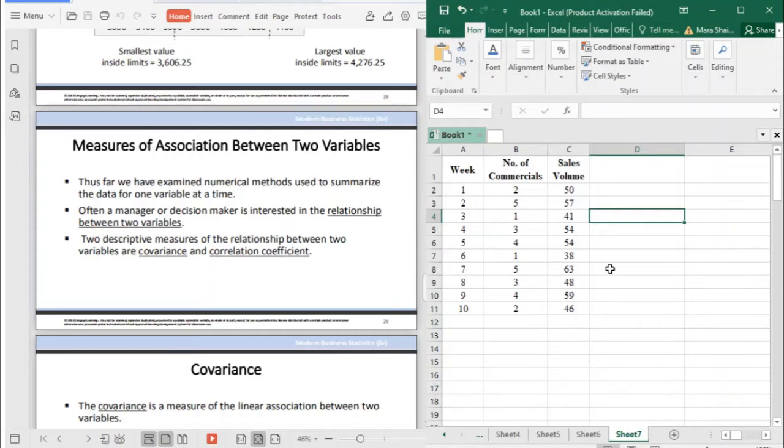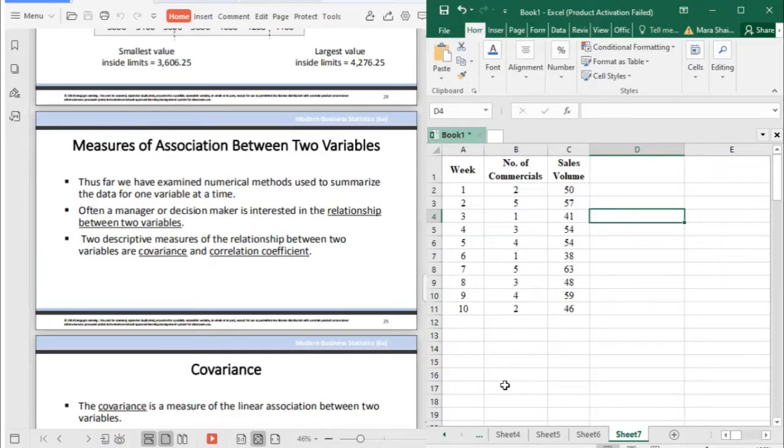You have the number of commercials, which is your X, and then the sales volume as your Y. So now we are again dealing with two variables. The store's manager wants to determine the relationship between the number of weekend television commercials shown and the sales at the store during the following week.